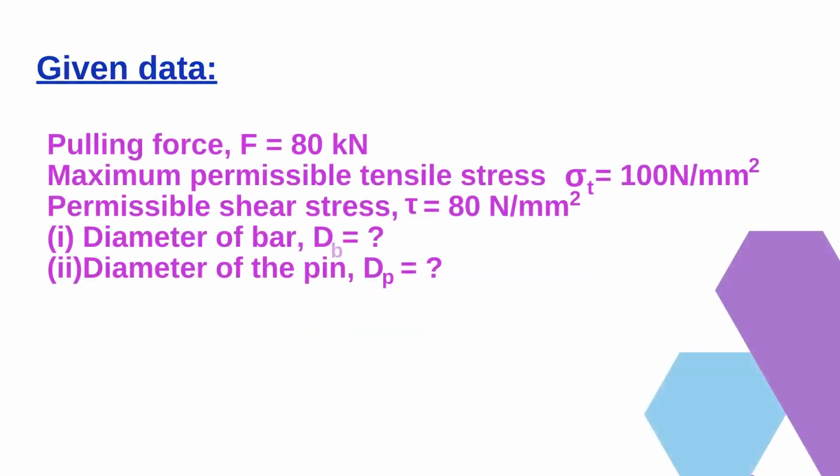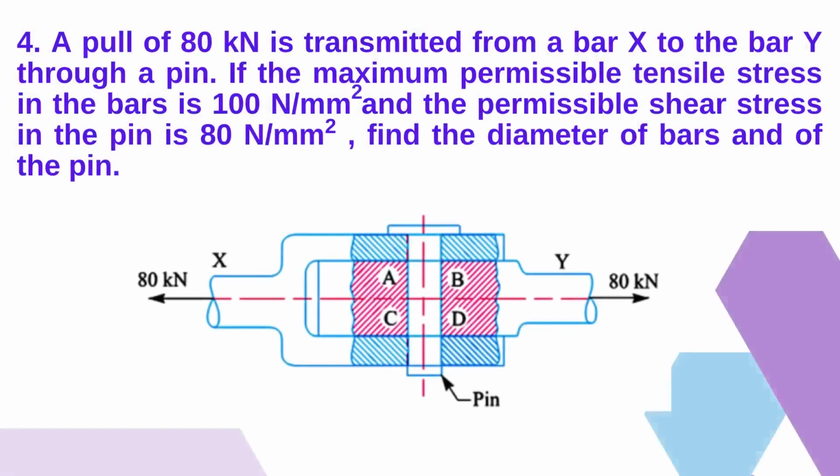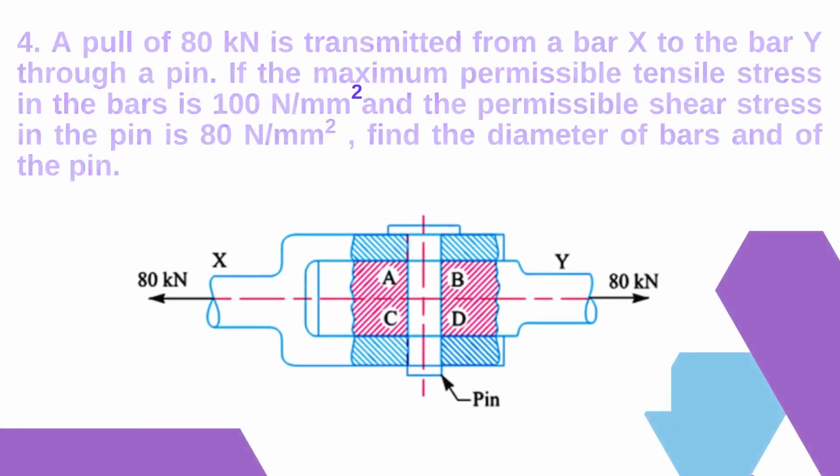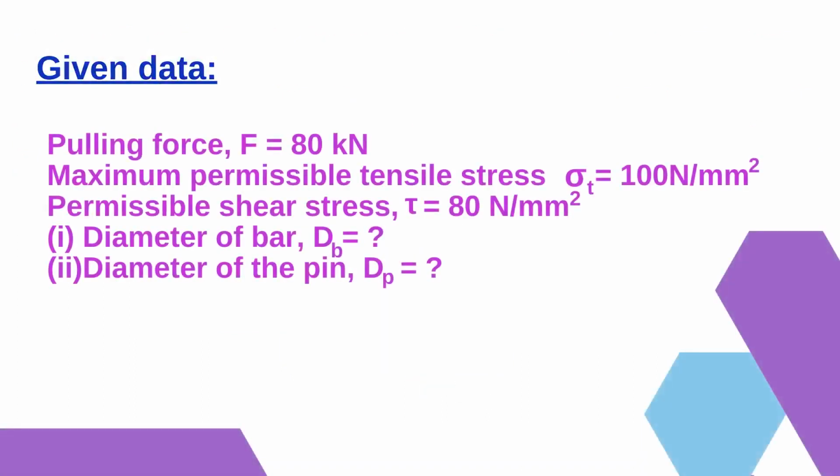Shear stress tau is equal to 80 Newton per mm square. Find the diameter of the bars and of the pin. So diameter of the bar, denoted by d suffix b, is equal to question mark, and diameter of the pin d suffix p is equal to question mark.